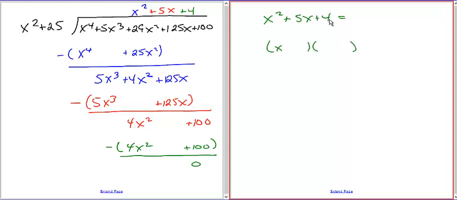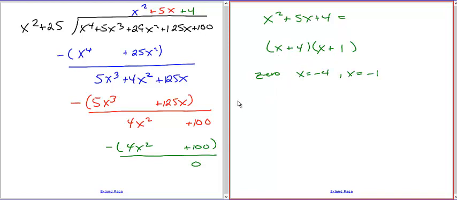Two numbers multiplied together equal 4 and added together equal 5: 1 and 4. And because this is positive and it's greater than 4, it's going to be plus. So from this, we know that we have zeros of x equals negative 4 and x equals negative 1, and we have the factors.